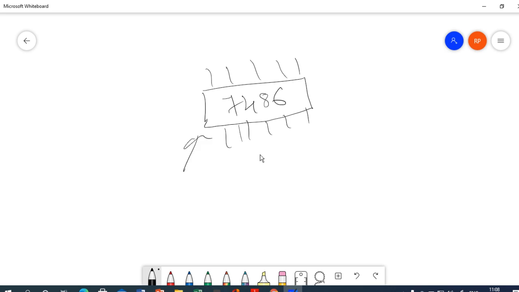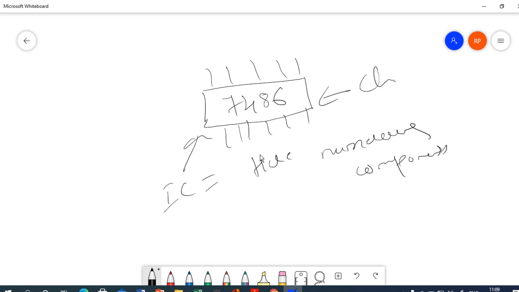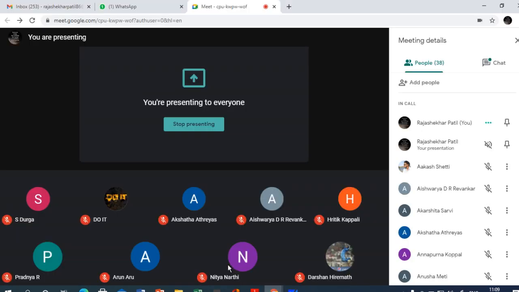Now, what is this integrated circuit? Here numerous components, like transistors, are placed on a single silicon chip. I call it a chip also.